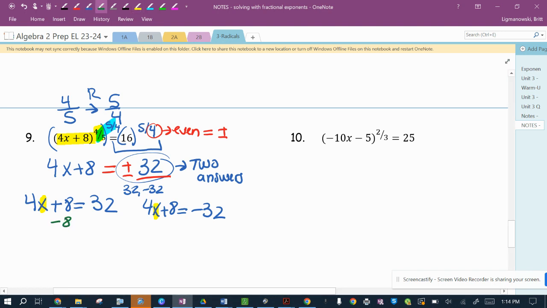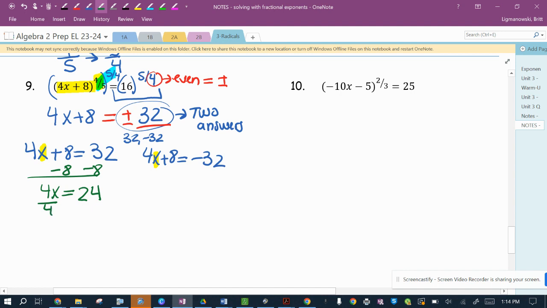So we're going to subtract 8, menos 8. 24, so 24 divided by 4, and we'll get 6.